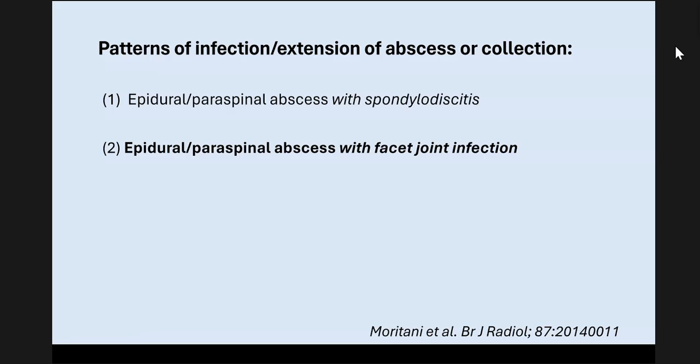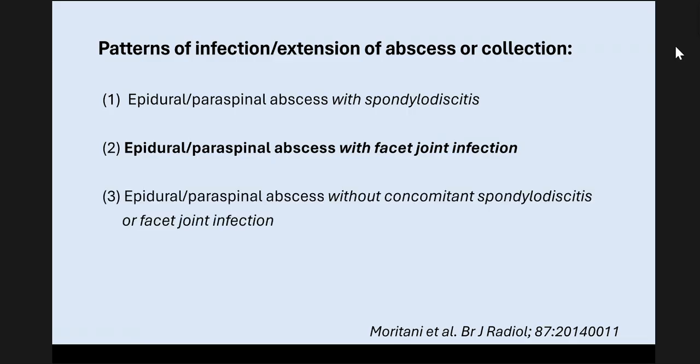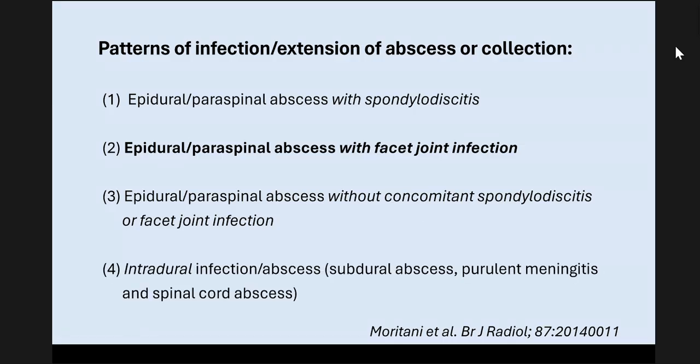Okay. Some people call it facetitis. I'm not sure whether it is a legit term. Maybe we can make it popular, but remember facet joint infection. So facet joint infection may be present with spondylodiscitis, and that can cause epidural paraspinal abscess. And there may be pure intradural infection abscesses, which are much more rare.